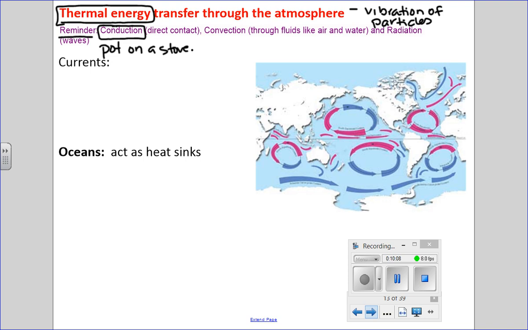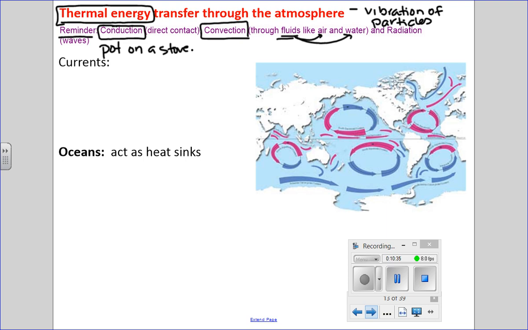And you'll see why. When things are not solid, when they're a liquid or a gas, we have a different word. The word is convection. Convection is how energy is transferred in a fluid, and a fluid is either a gas or a liquid. The definition of a fluid is something that can flow. A solid cannot flow.